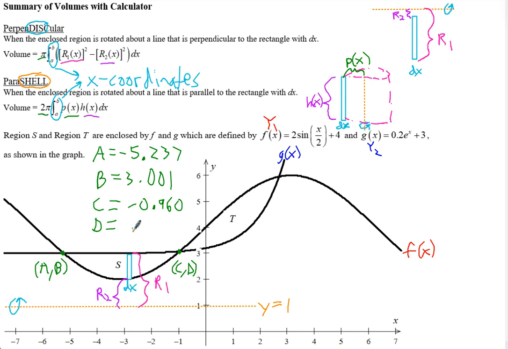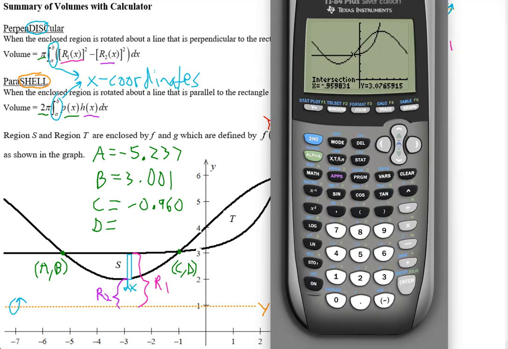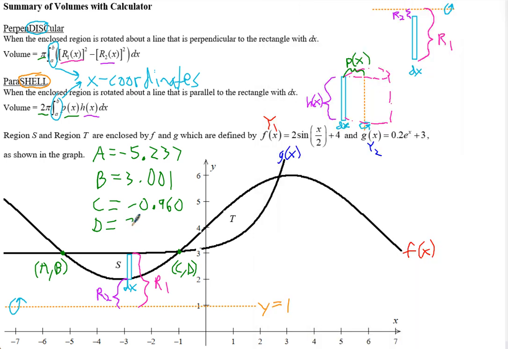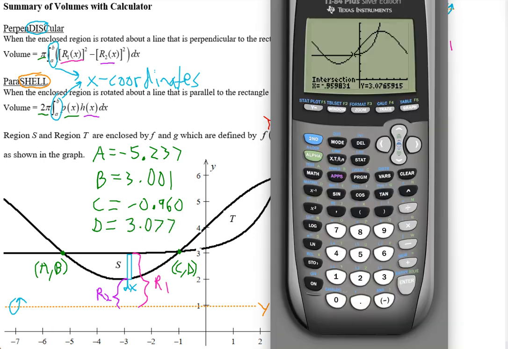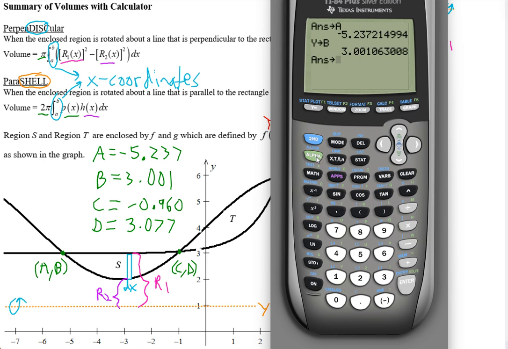And for the y coordinate, we got 3.077 for our D. Again, let's store this in our calculator. So second quit, store alpha C, and alpha Y, the y coordinate, store alpha D.